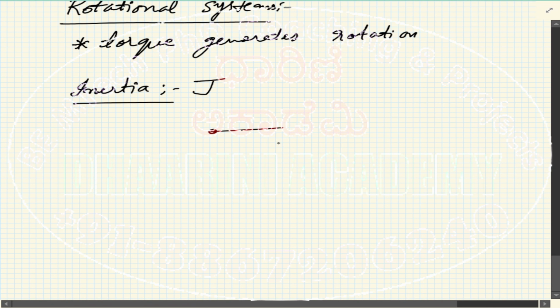So we have the inertia J coming into the picture. Instead of M it is J. I have two ends of this element. On one end, let me assume that it's a rotational force. That's why it is a torque. So this is T. And the representation of inertia is in terms of J.